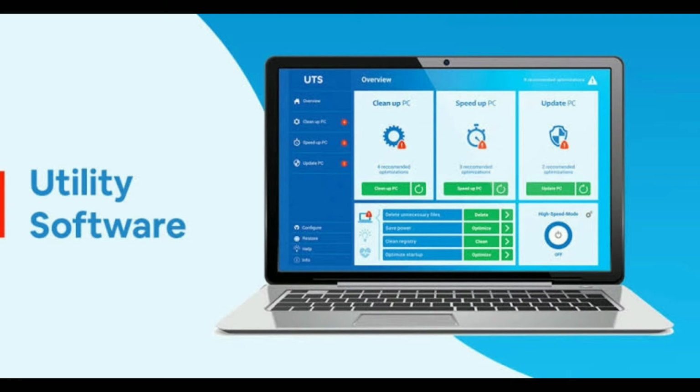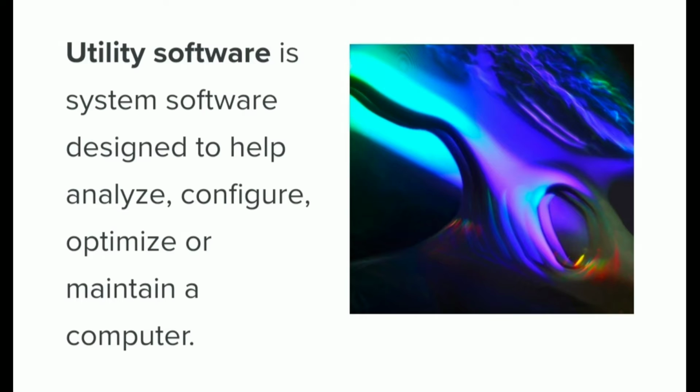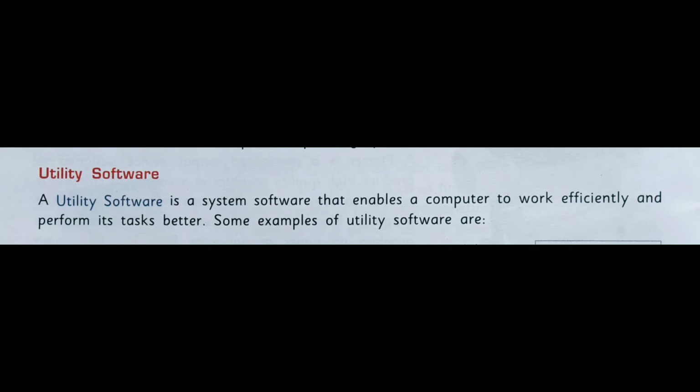So what is a utility software? Utility software is system software designed to help analyze, configure, optimize or maintain a computer. Or a utility software is a system software that enables a computer to work efficiently and perform its task better.